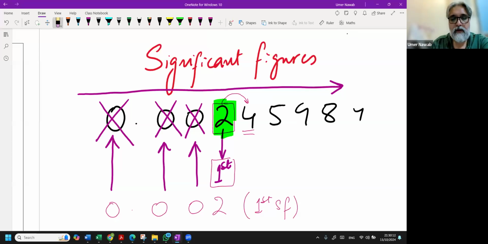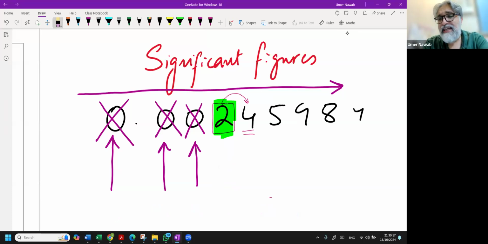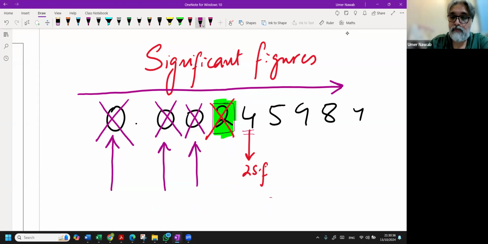Now, if I want to write this number to the second significant figure, then definitely this is my first significant figure, cross it out, and this is my second significant figure. In order to write this as two significant figures, I have to look at what is written after the second significant figure, that is, the number at the third significant figure, which is 5.